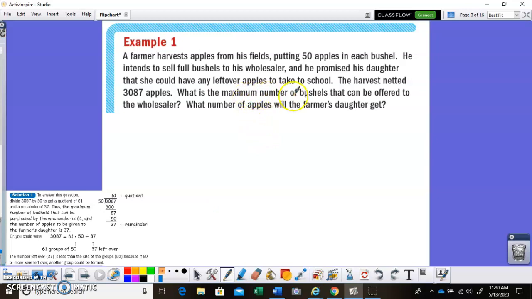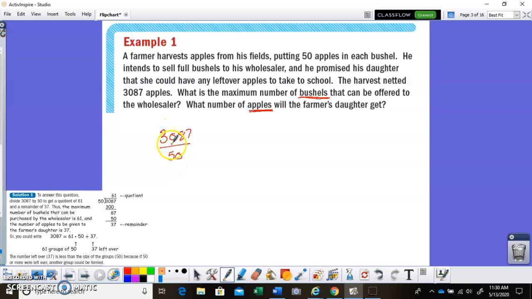Well, the number of bushels is going to be the whole number that we get, and the number of apples that the daughter gets is going to be our remainder. Okay, so we're going to take 3,087 and divide it by 50. Now, one of the things I want you to notice, that I'll reference in the next couple of videos when we do polynomials, is this placeholder here of 0.